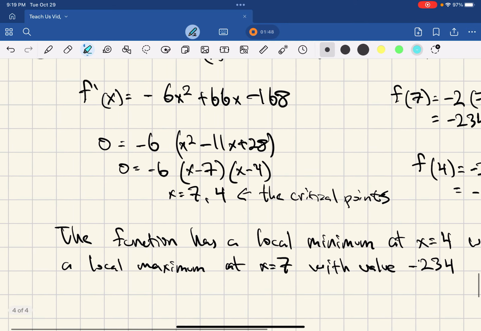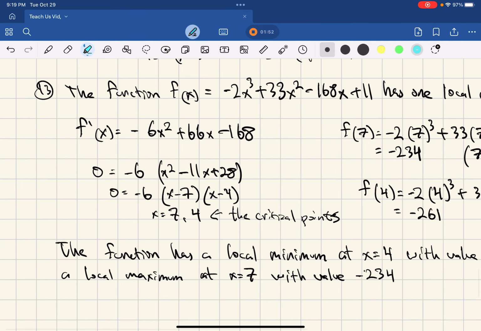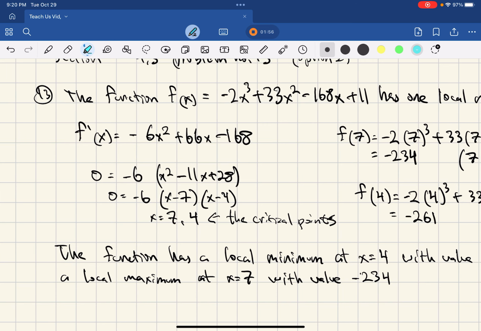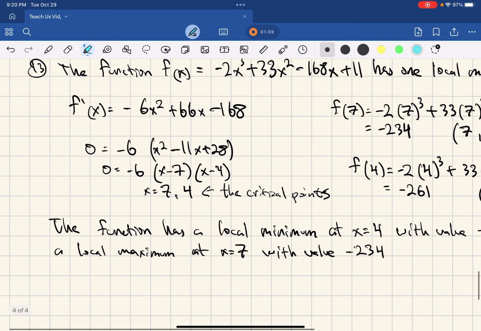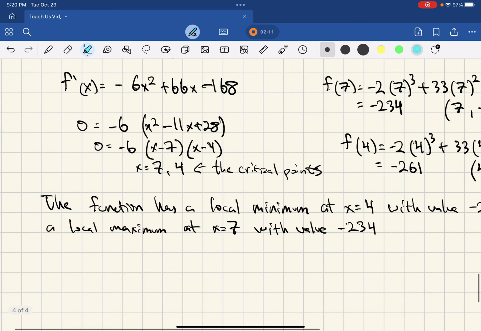So these are the critical points where, when you plug in these values on the graph, the slope of the tangent line is going to be 0. So when it's 0, we know that there's either a minimum or a maximum, depending.